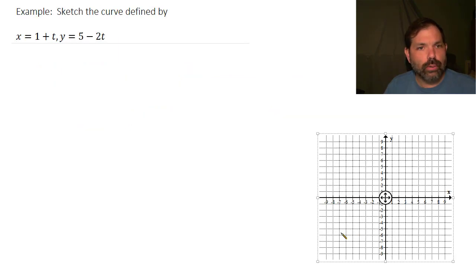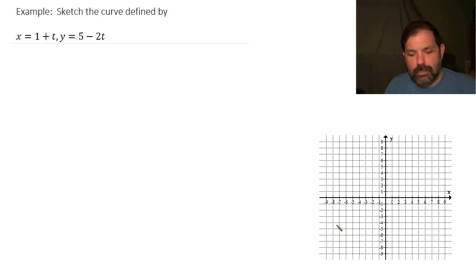All right, so let's see a more concrete example of a parametric curve. Let's sketch the curve defined by x is equal to 1 plus t, y is equal to 5 minus 2t. Now, we weren't given any limits for the parameter t, so we just sort of have to guess.